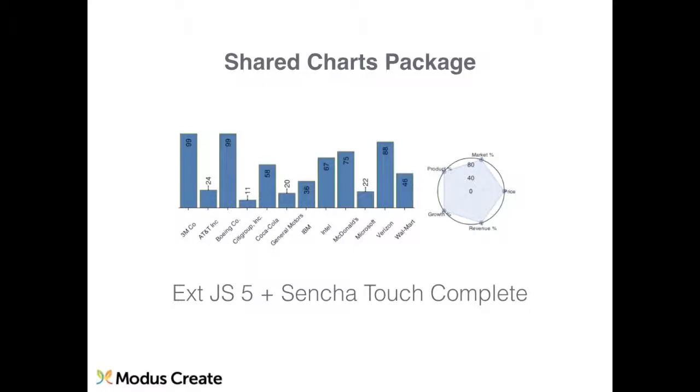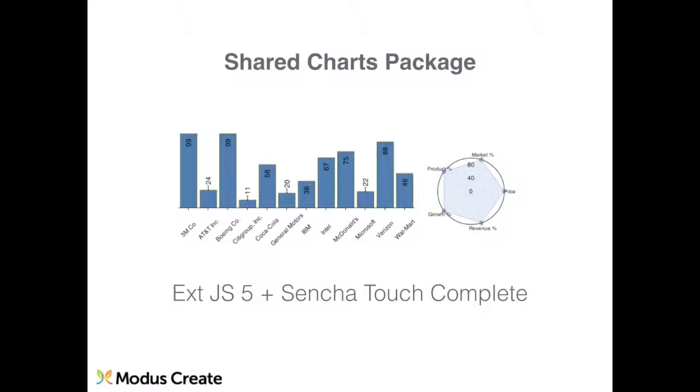Another thing I'm really excited about is the new charting package. A few months ago, Sencha introduced the third iteration of their charting package. It's basically the third rewrite. And this one was meant for Sencha Touch and mobile developers in the beginning, and they enjoyed truly phenomenal charting capabilities and performance.